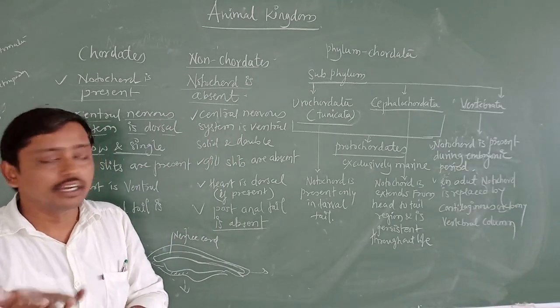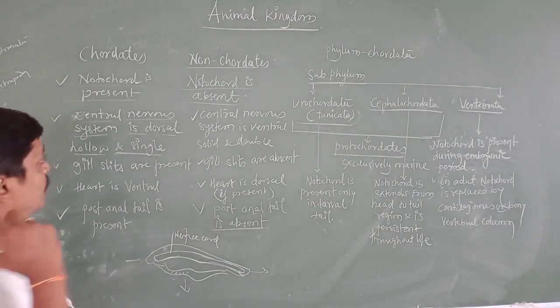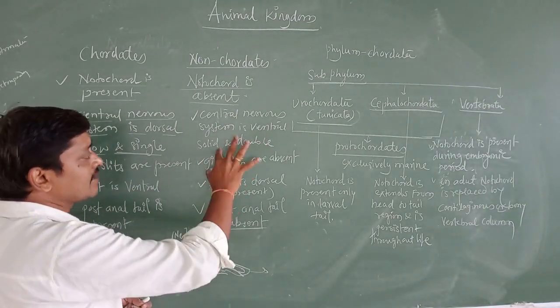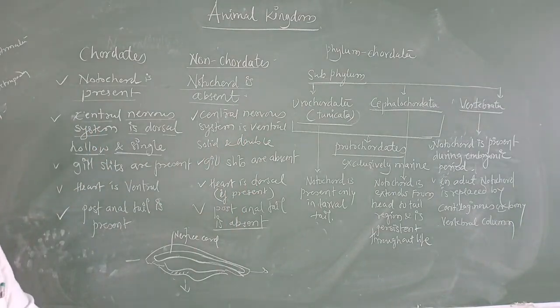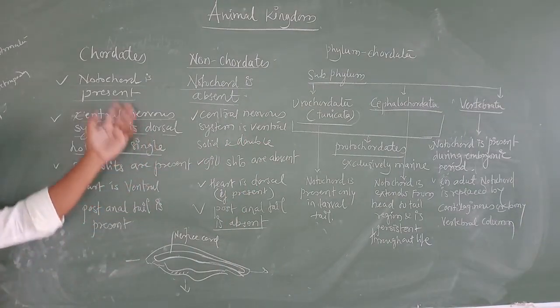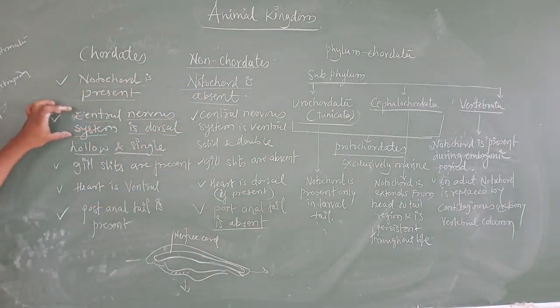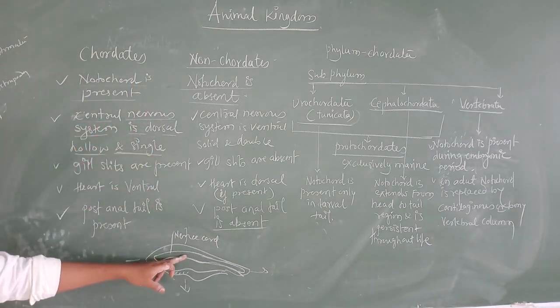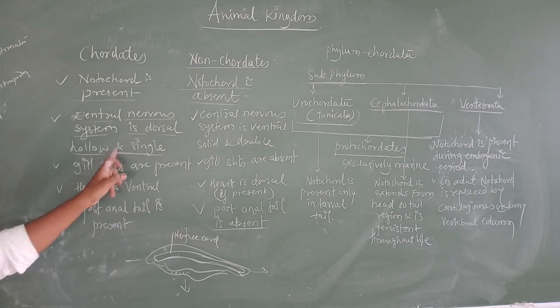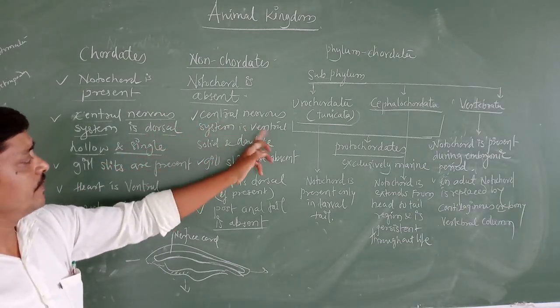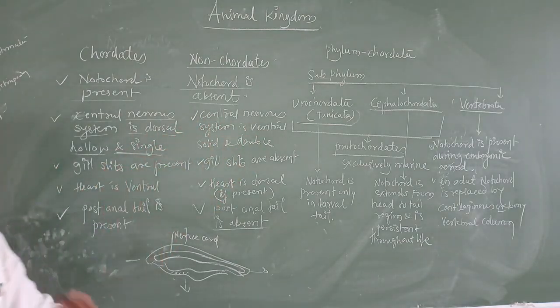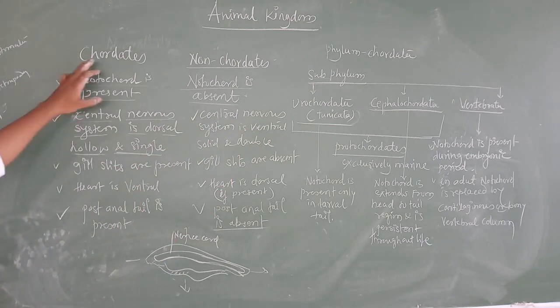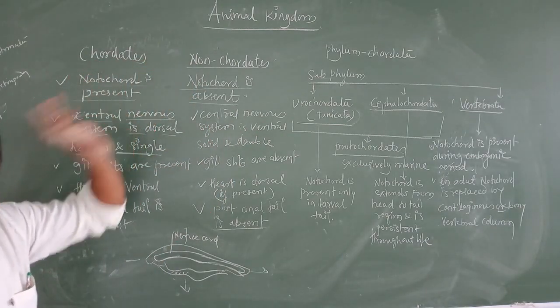When you open a cockroach, you get the central nervous system on the ventral side, and it is solid and double. This is the second difference between chordates and non-chordates. In chordates the central nervous system is dorsal, single and hollow. In non-chordates it is ventral, solid and double.